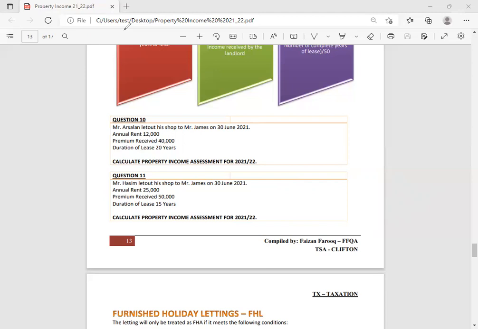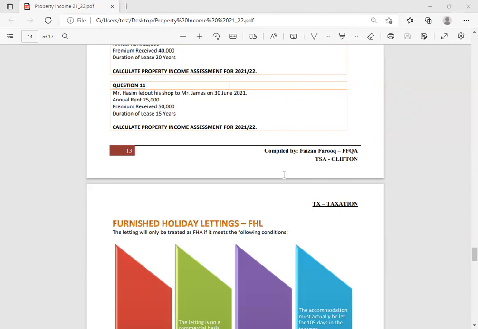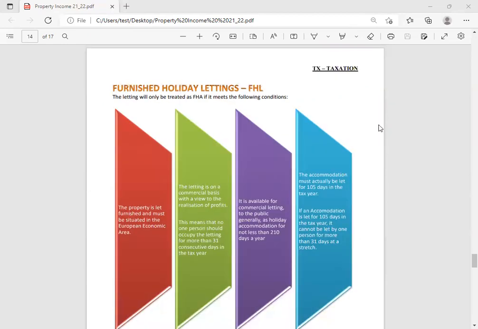Now, some theory. We have some properties like holiday accommodations. If you go for a picnic, you are acquiring some property, right or wrong? Yes. If you are acquiring a property at holiday, it will be called furnished holiday letting.